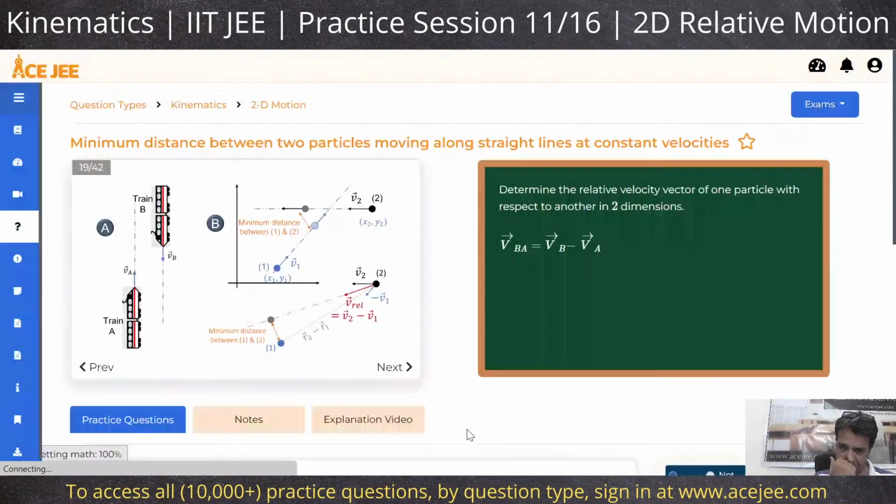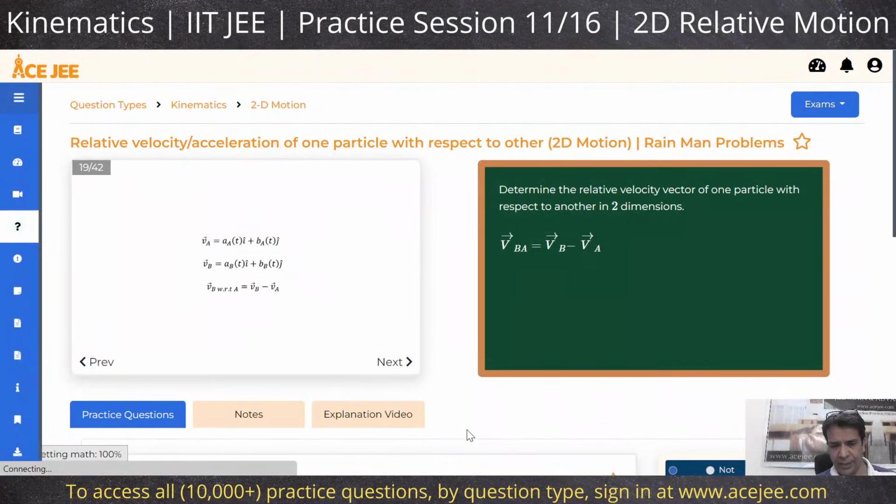Okay, let's move on. So we'll look at the Rainman problems, or rather scenarios wherein we have to find the relative velocity of one particle with respect to the other. The previous problem was one step ahead of this one, where we had to figure out the relative velocity and then the time it will take to get to the minimum distance and whatnot.